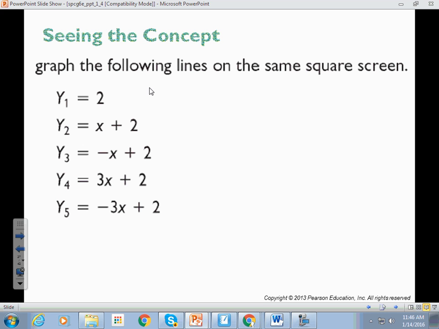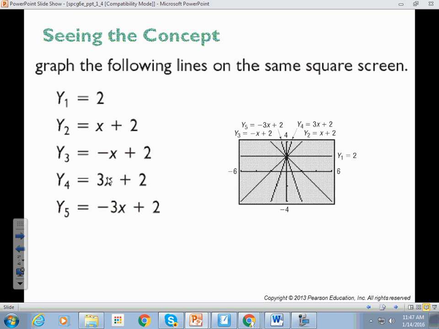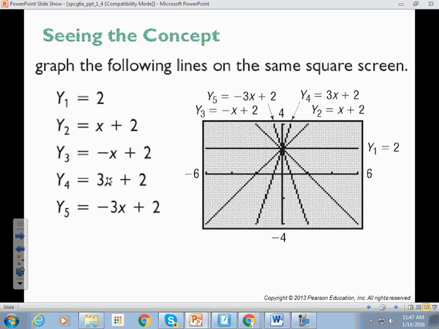So go ahead and graph all these equations in your graphing calculator. And let's see what happens. If you notice, all of our b's are the same and it's our slopes that change. So we've got our horizontal line here.